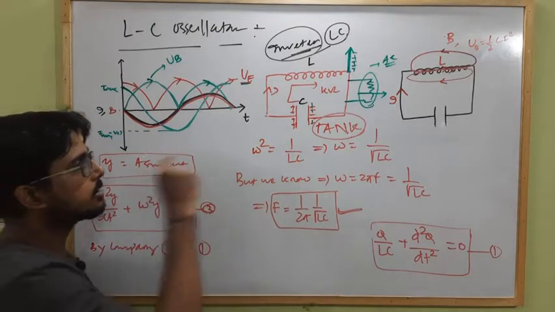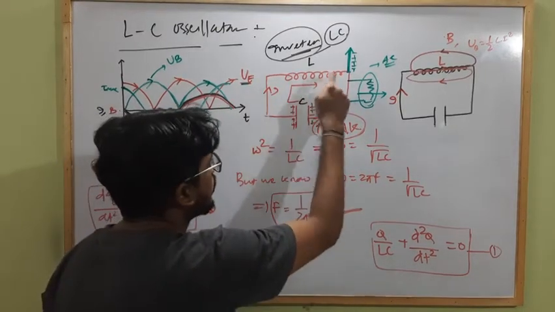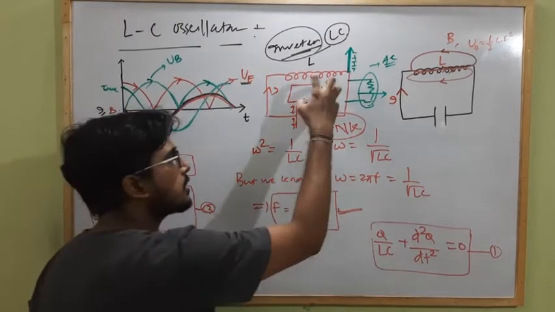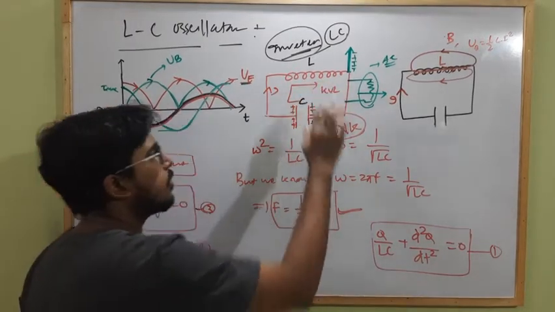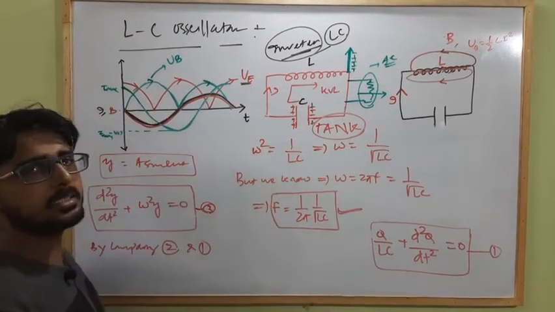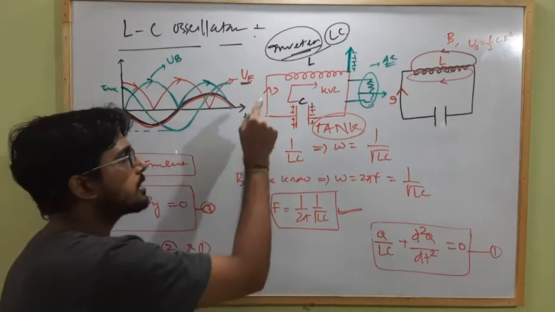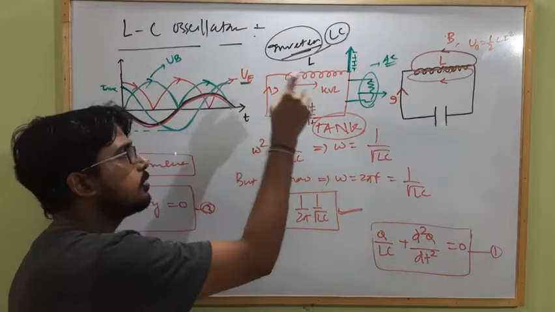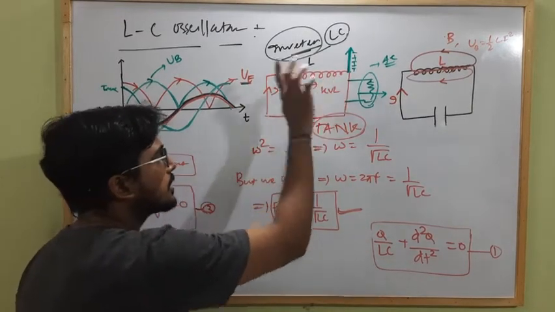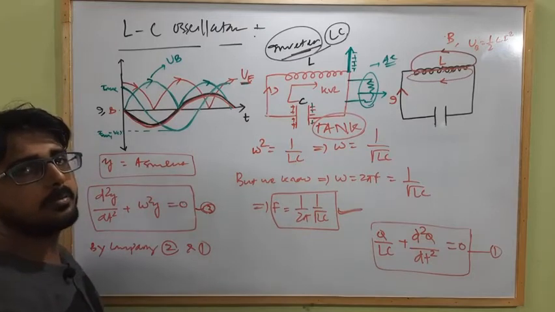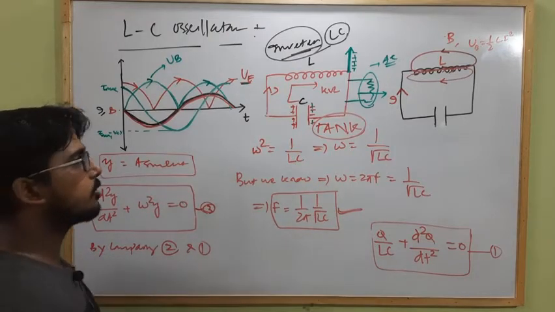No, because as current starts flowing through this circuit, it has some resistance. So due to the resistance of this inductor and the connecting wire, gradually the current starts decreasing. As the current decreases due to the resistance of the circuit, the oscillation will be in damping form, or the oscillation will be a damped oscillation.